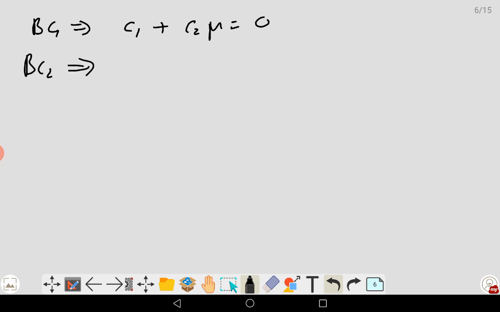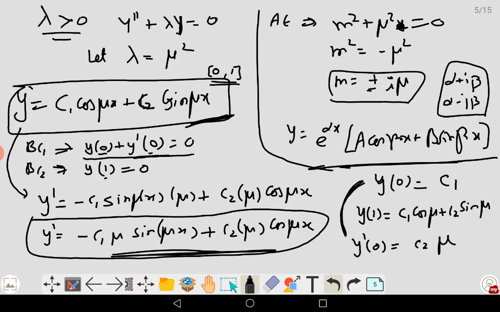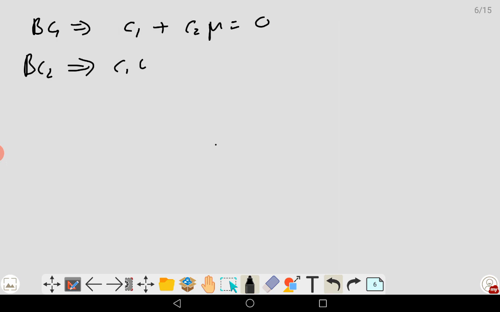Boundary condition 2 will give you, go back and check, y of 1 is 0. So c1 cosine mu plus c2 sin mu is equal to 0. When you write this in matrix form, the coefficients of c1 and c2 in the first equation are 1 and mu.